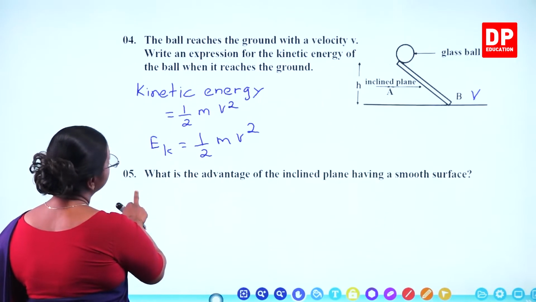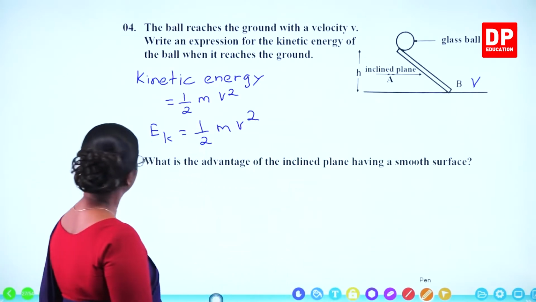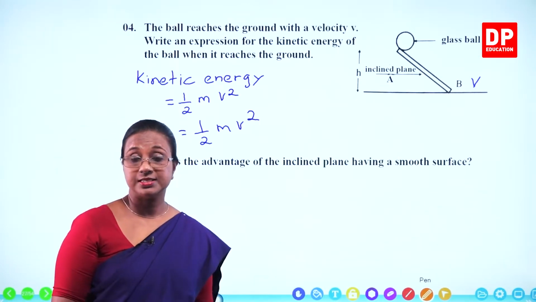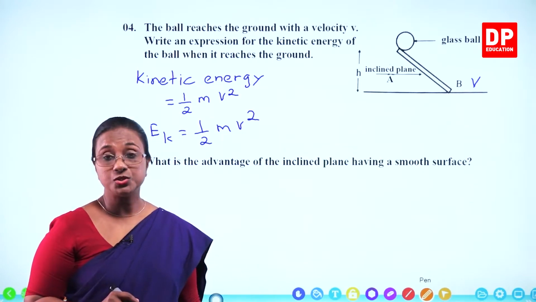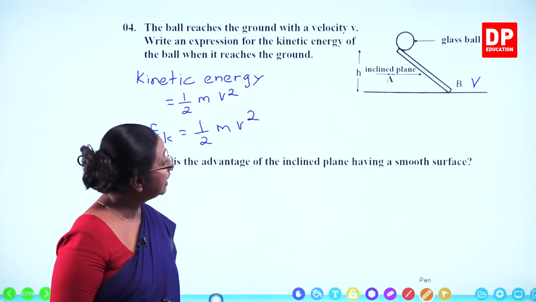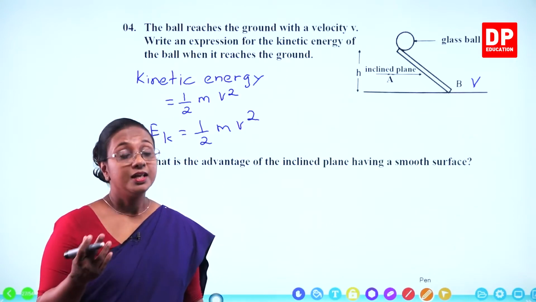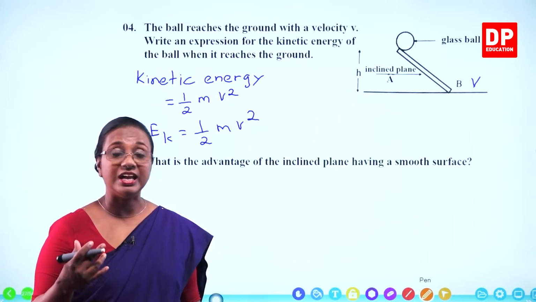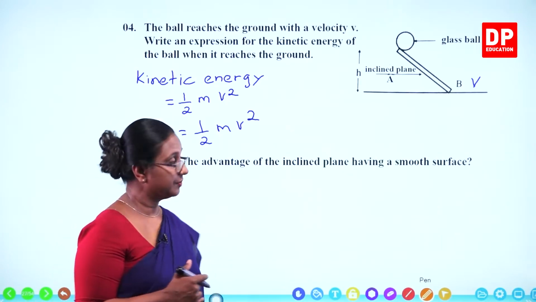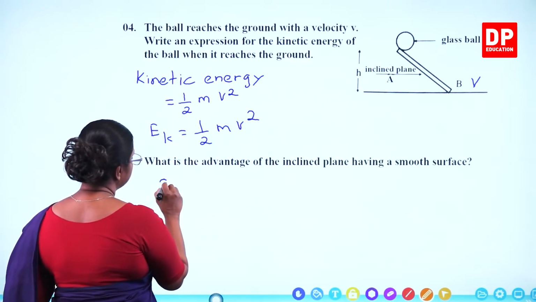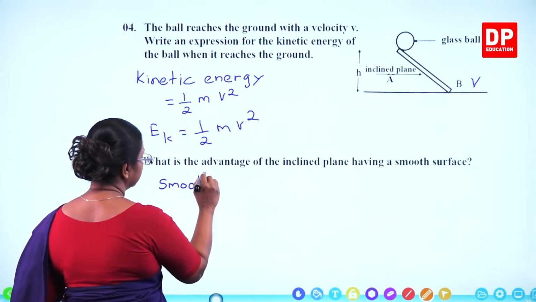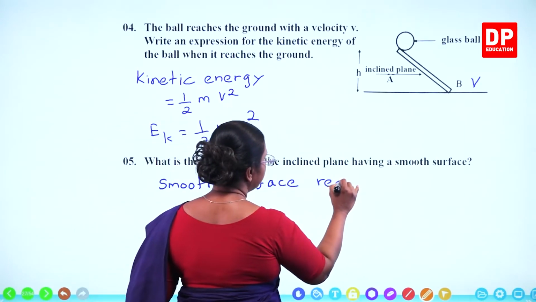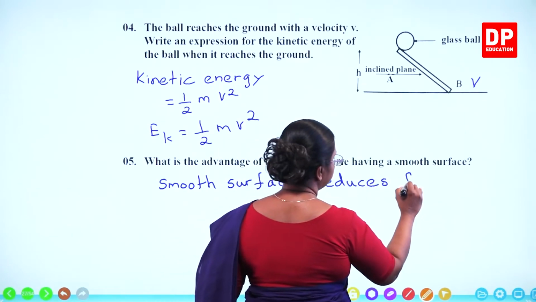Then the fifth part. What is the advantage of the inclined plane having a smooth surface? I discussed that with you all before also. What is the advantage of having the smooth surface? It reduces friction, so we can assume that there is no energy lost due to friction. So here we can say smooth surface reduces friction.